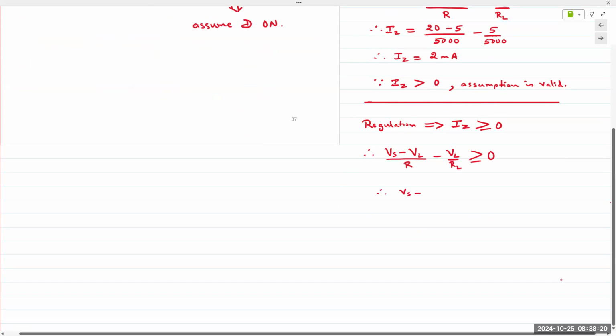Therefore, (Vs minus VL) over R must be greater than or equal to VL over RL.